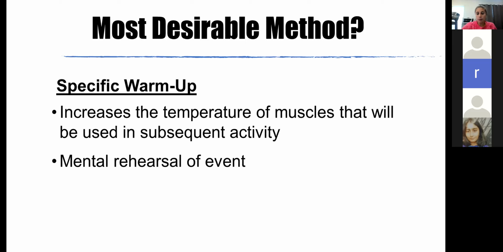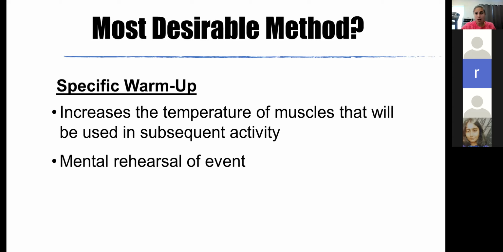So the specific warm-up is going to help you the most because not only is it physiologically getting your muscles primed and your body primed, but also mentally, right? Because again, now you're rehearsing the movements you're going to be using for whatever you're going to do. So for example, let's say you were going to do a heavy squat session, right? And you're going to go squat a 1 rep max.